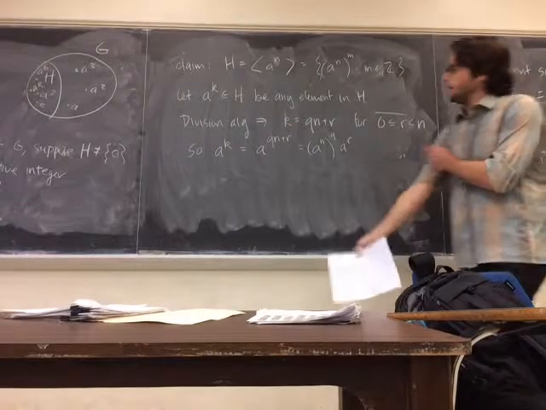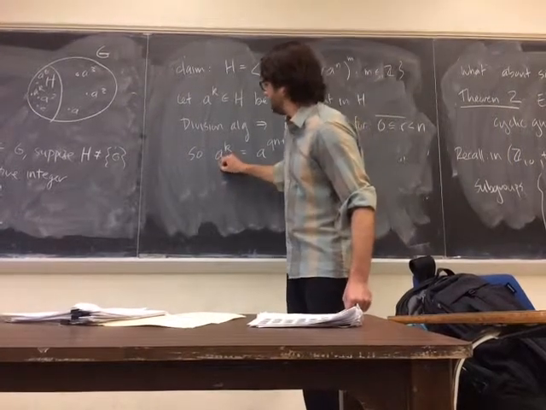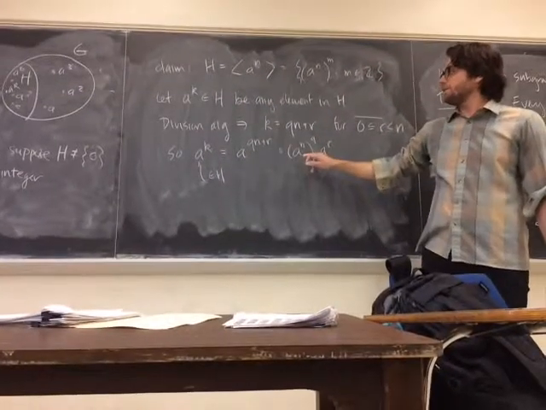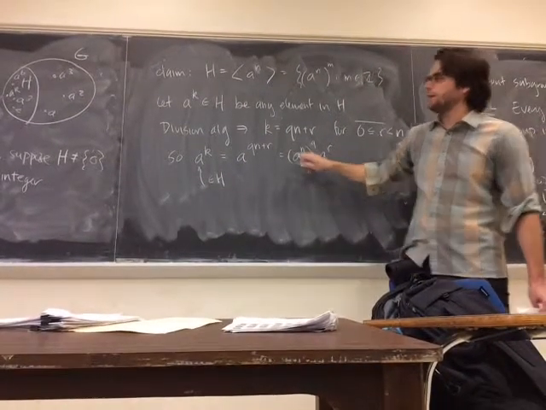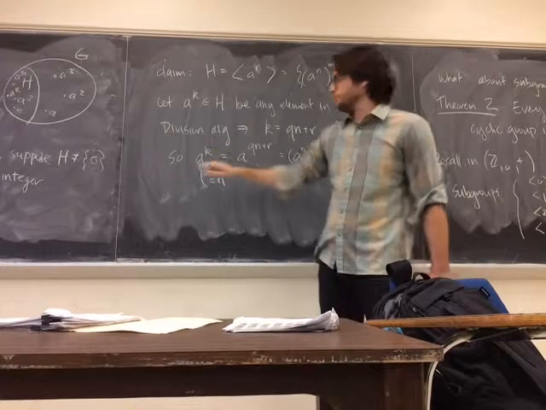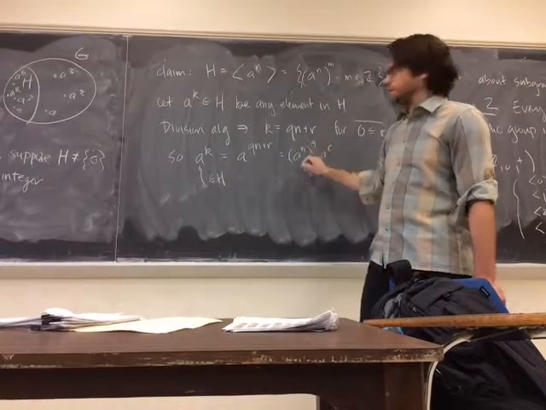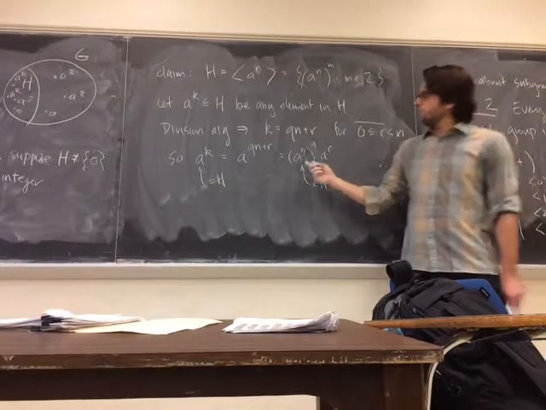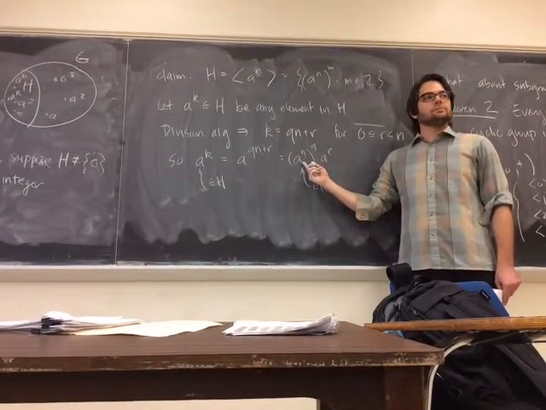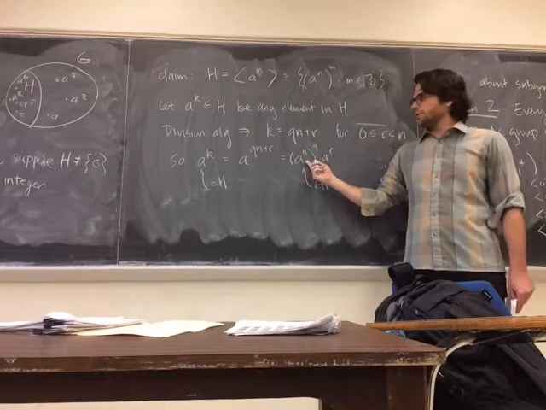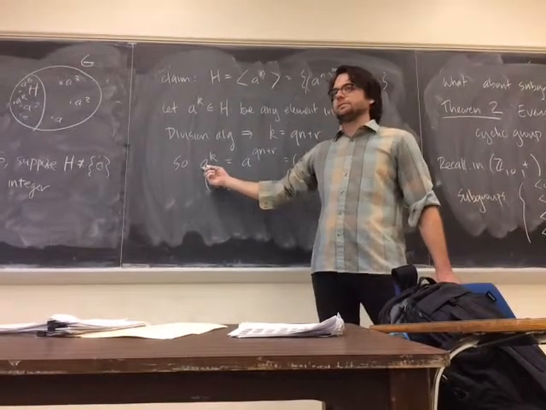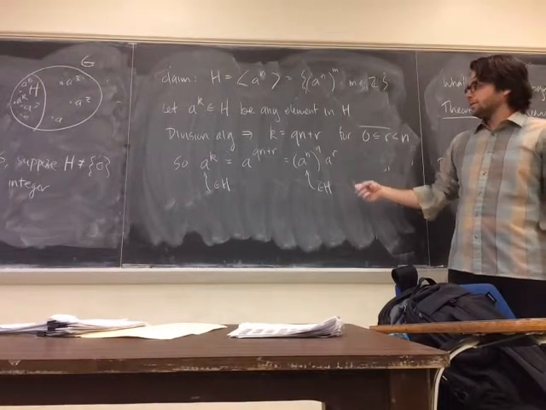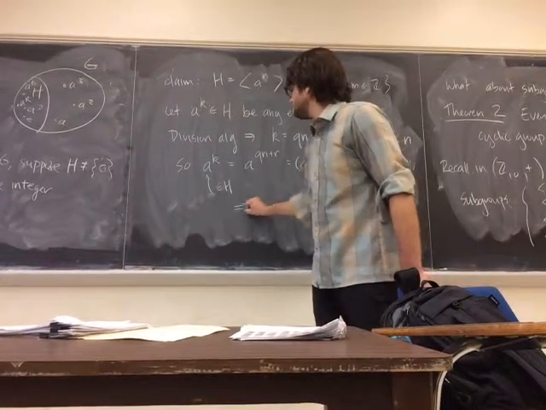But check this out. This guy is an element of H, by assumption. This guy is an element of H because A to the N was in H, and A to the N to a power, of course, is still in H. That means I can multiply by the inverse of this element, which is in H, and I'll get A to the R. Can you guys see this?